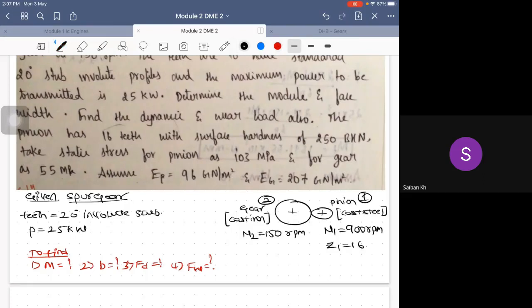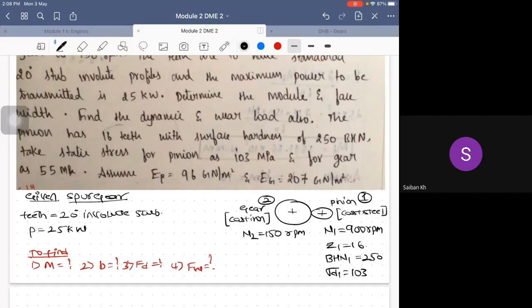Next, the surface hardness he has given. I would write it as Brinell hardness number. The Brinell hardness number for 1 is given as 250 for the pinion. Take static stress for the pinion as 103. So the design stress for the pinion he has given as 103.